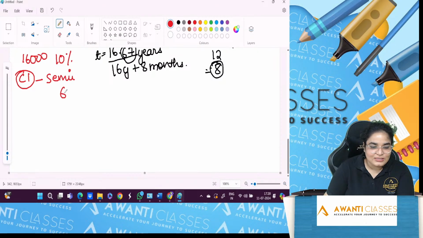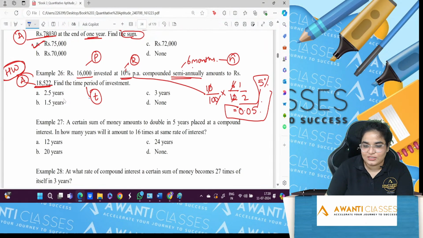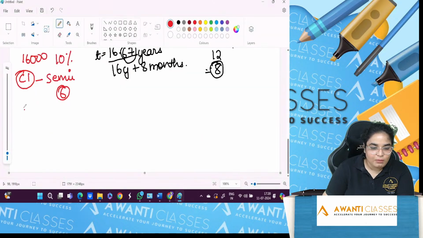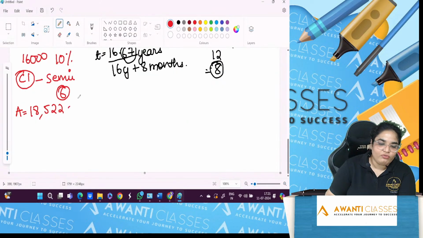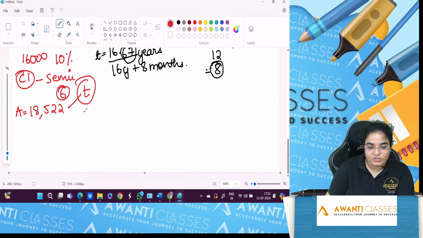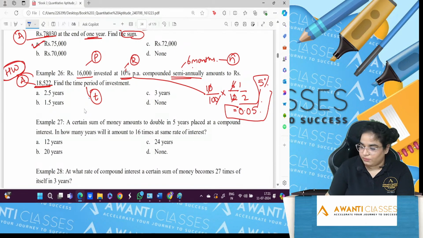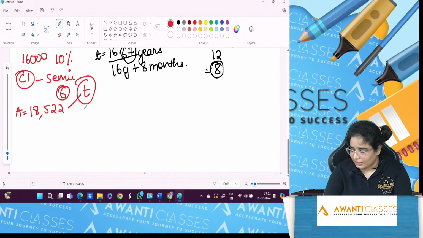Semi-annually meaning once in 6 months. And the amount will come to 18,522 rupees. They want to find out the time. Did everybody understand the question? Did you all try solving it? Anybody?